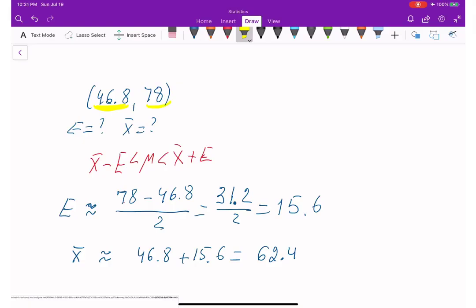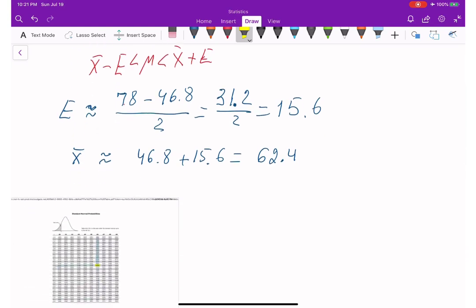And here we got approximately margin of error 15.6 and x bar, which is sample mean, it's going to be 62.4. Okay, solving next word problem.